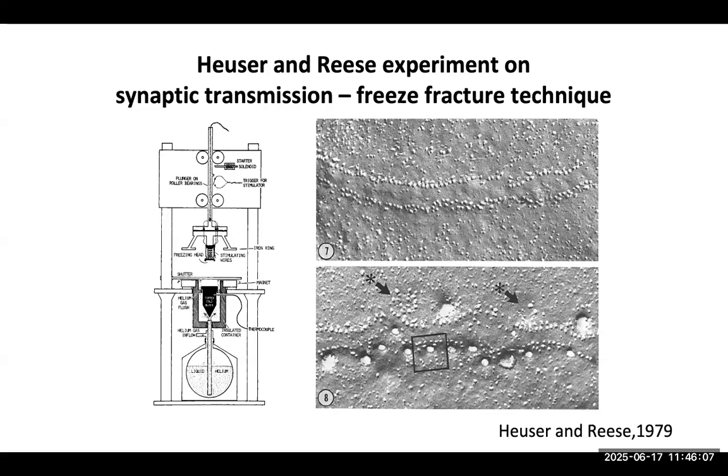So in this case, to get the temporal information, right before they would freeze the slice, they would stimulate them on a millisecond time scale. They have the stimulating wires, and there is a copper cold block here, and they would have the slice here, and right before they freeze it with the help of the block, they would stimulate it. And this kind of technique is called freeze fracture technique.